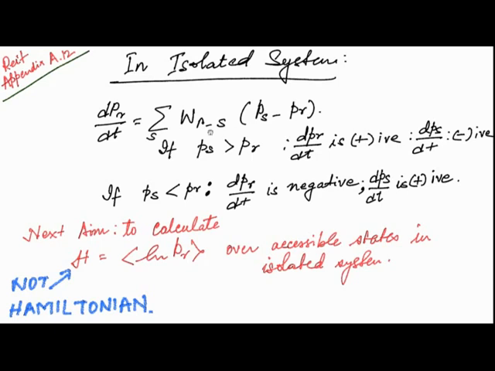Correspondingly, if we wrote down dPS/dt, that would be WRS into PR minus PS, and that would be a negative quantity. So the probability of S, or equivalently the number of systems in state S, would decrease, and the probability of being in state R would increase. They would keep on changing till what time? Till all the PRs and PSs become equal, and then each of these terms will be individually equal to 0, right? So that's the condition for equilibrium.